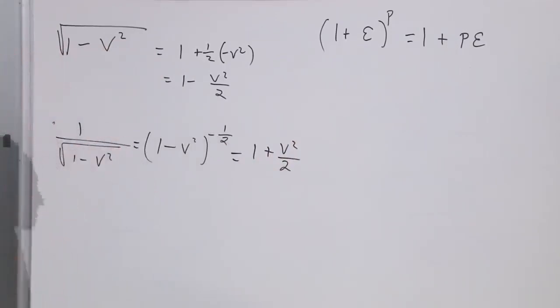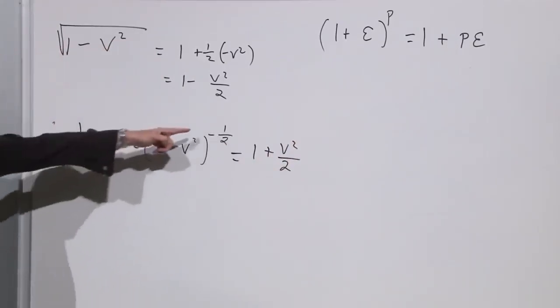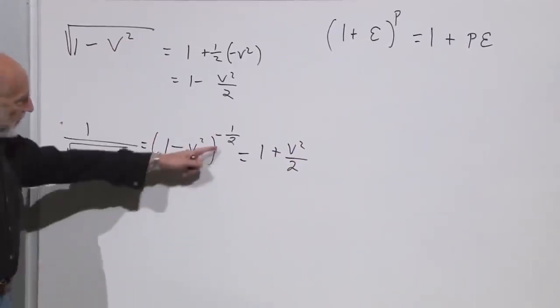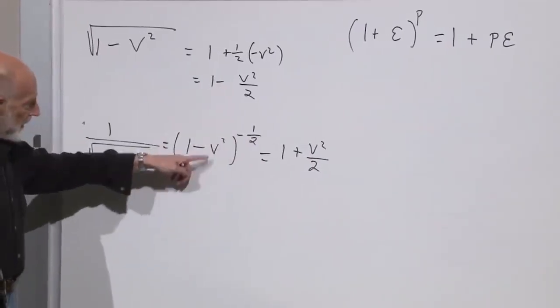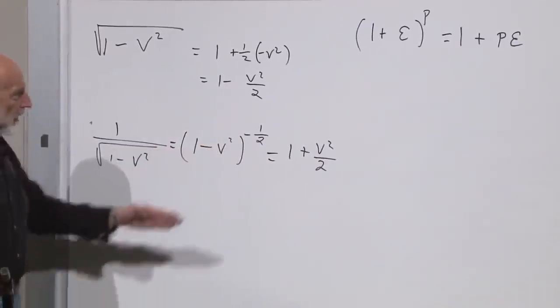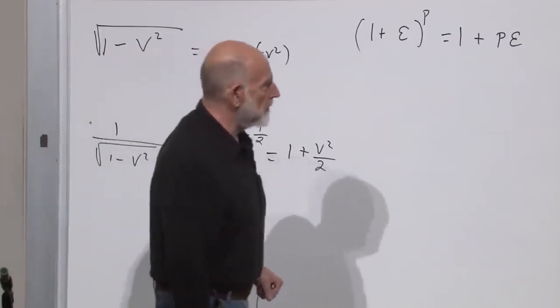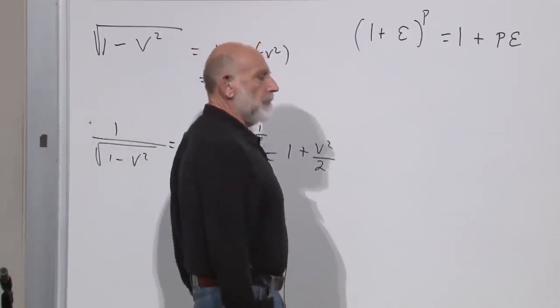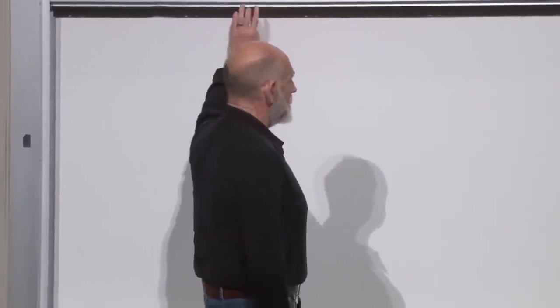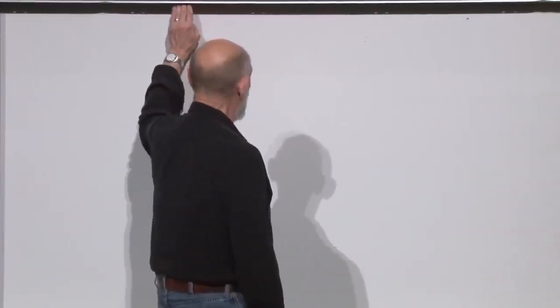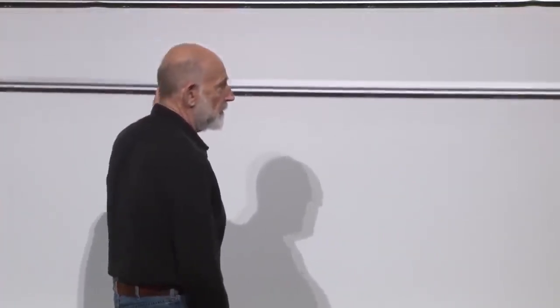Two signs have conspired to cancel each other: the sign from the half up in the exponent and the minus v² here give us 1 + v²/2. All right, so that is just by way of setting up a little piece of calculational mathematics that we'll use in various situations.